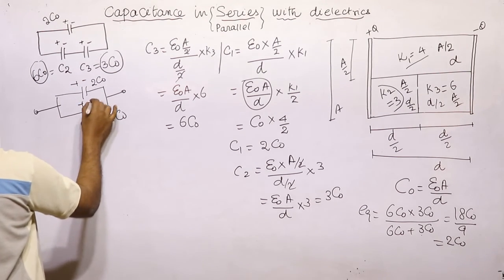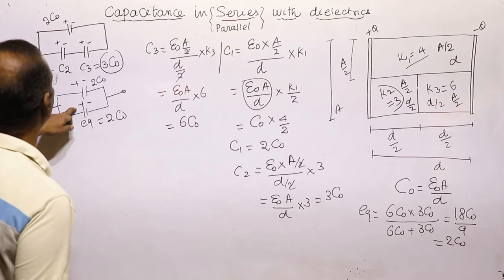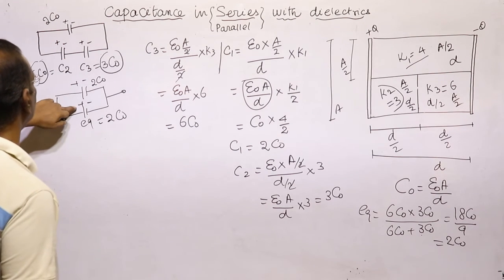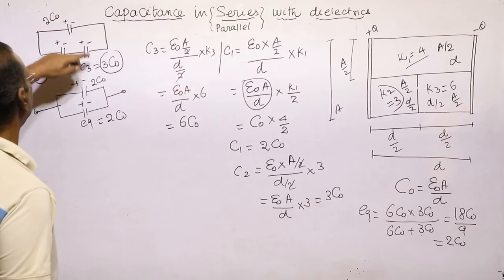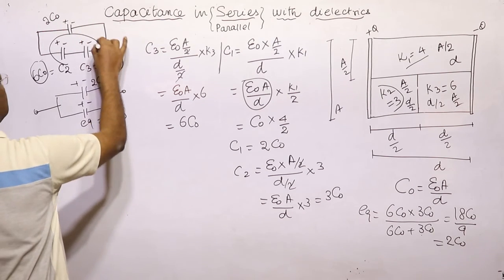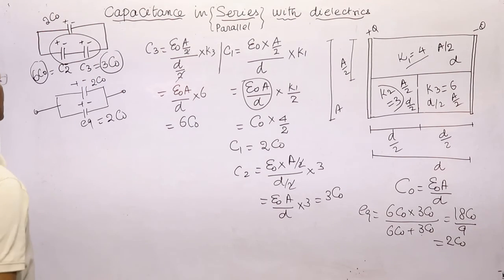Positive, negative, positive. Now, these and these are in parallel. These are in series. We converted it into a single circuit. This equivalent and this equivalent are in parallel.